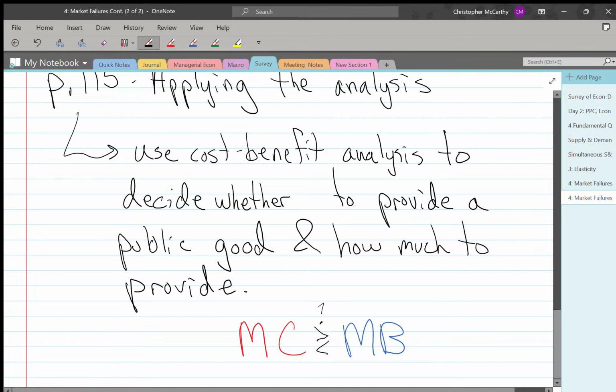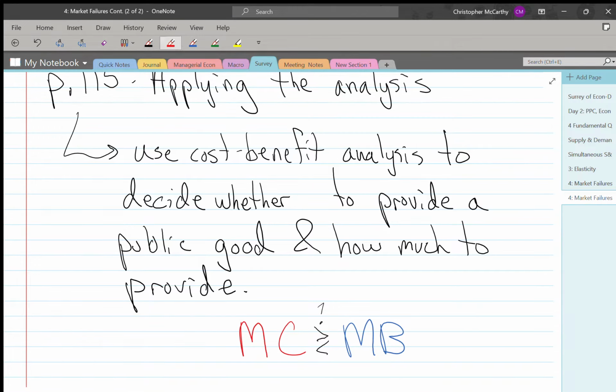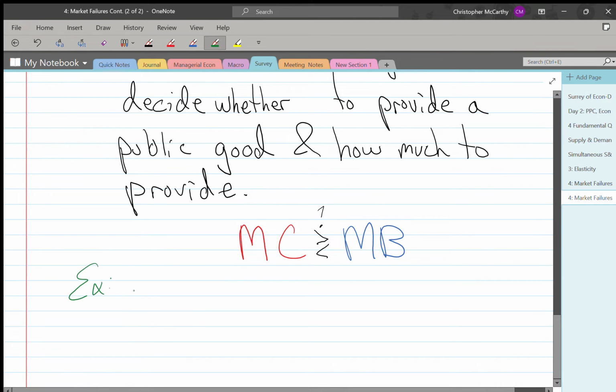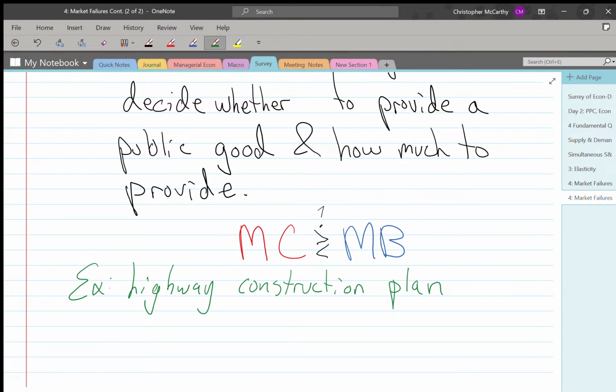We're told the federal government is contemplating a highway construction plan. Now, the resources of economies are limited, so any decision is going to use more resources in the public sector, which means fewer resources for the private sector.